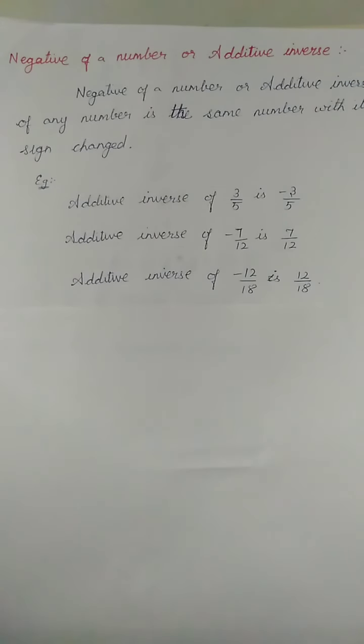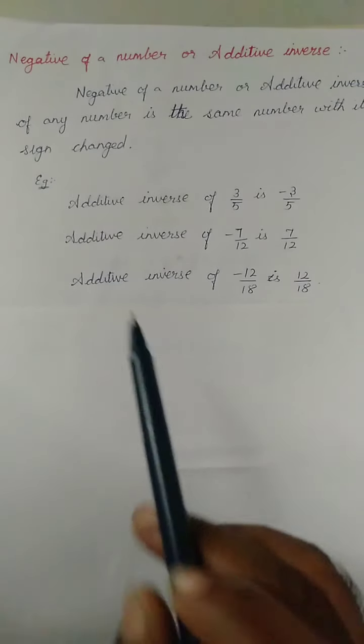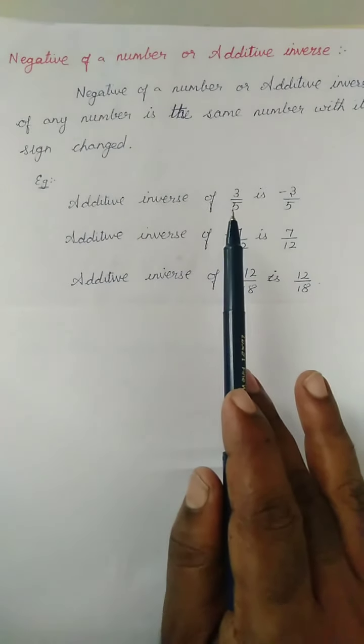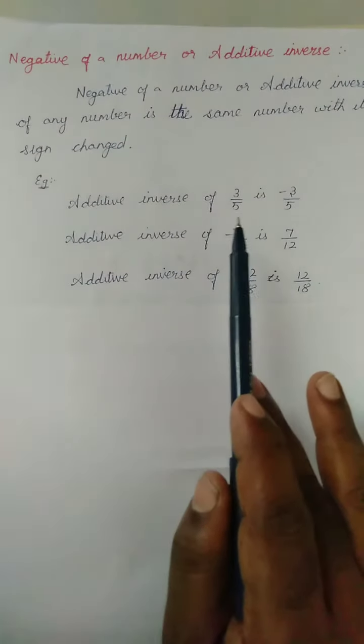Now let us see what is the negative of a number or additive inverse. Negative of a number or additive inverse of any number is the same number with its sign changed. For example, let us take 3 by 5. 3 by 5 is a positive rational number.